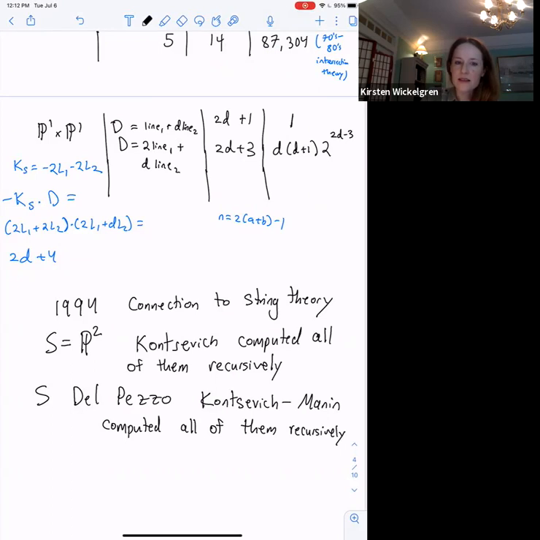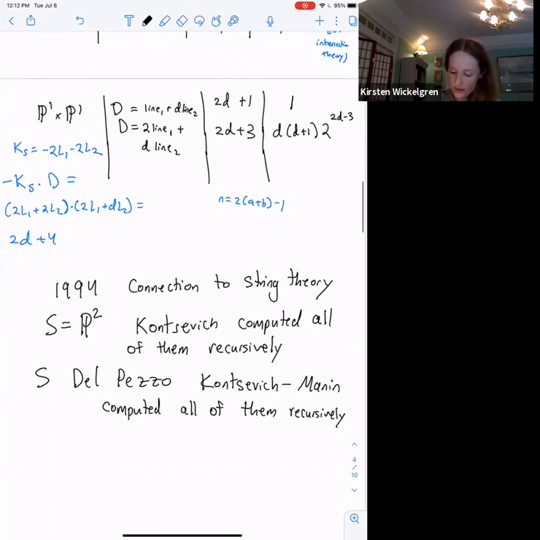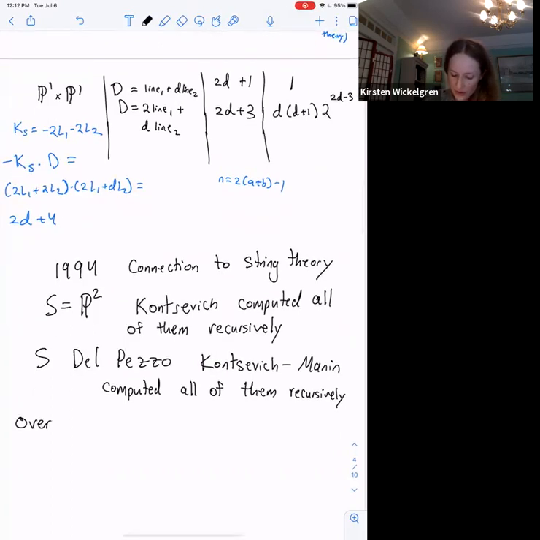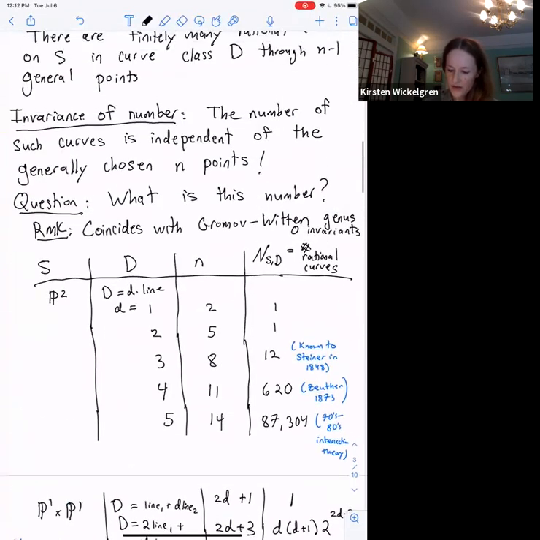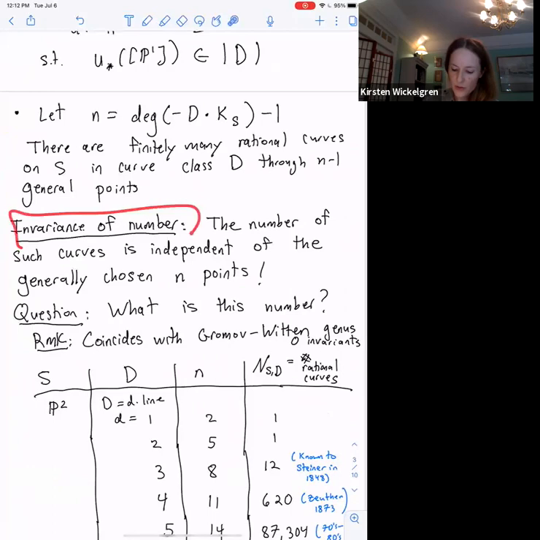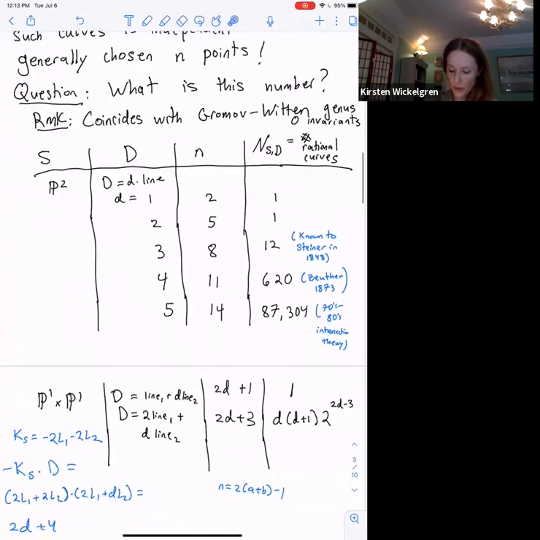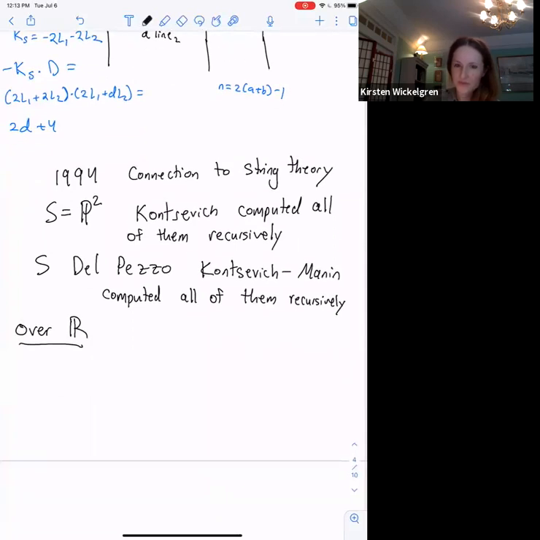All right, let's switch from an algebraically closed field to the real numbers. Here we had a table giving these numbers, and we had invariance of numbers saying that there was a well-defined number independent of how we chose our points, and that fails.